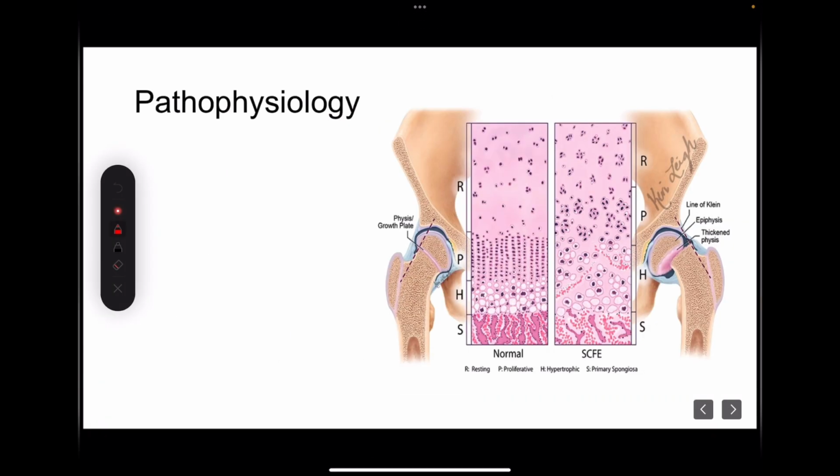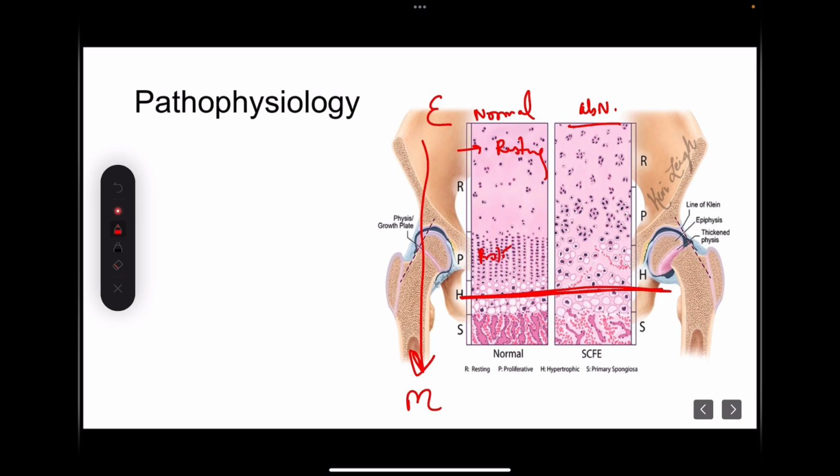So we have already discussed that it is more common in adolescent, obese males, with bilaterality in 20% of the cases. Pathophysiology, we have already discussed. The slip occurs in the zone of hypertrophy. This is normal, and the right side is abnormal, that is SCFE. From the epiphysis moving toward the metaphysis, I have already explained. This is the zone of resting where cells are scattered all around, then the zone of proliferation, where the cells are arranged in a columnar arrangement in normal individuals, then the zone of hypertrophy, where cells have hypertrophied.